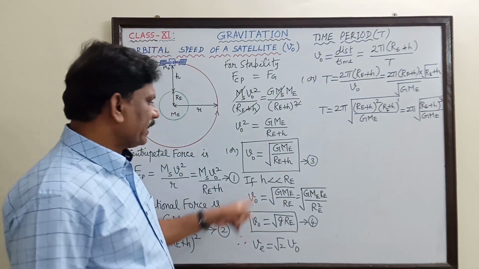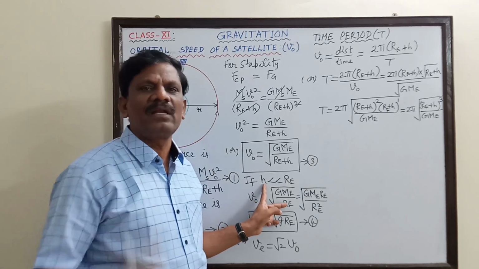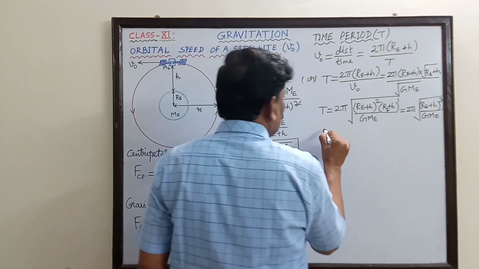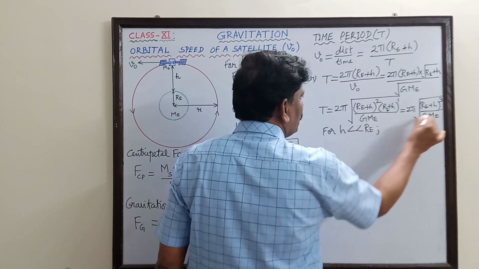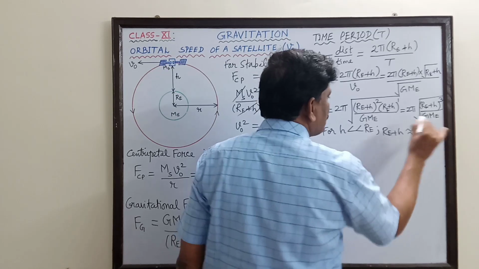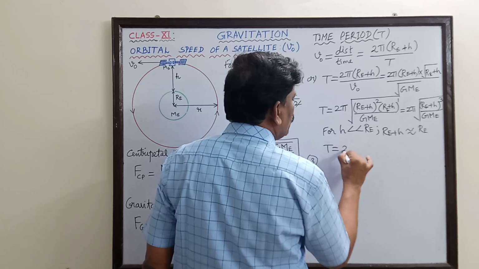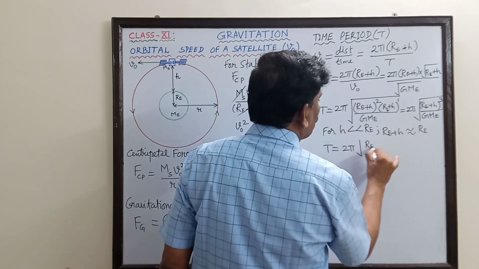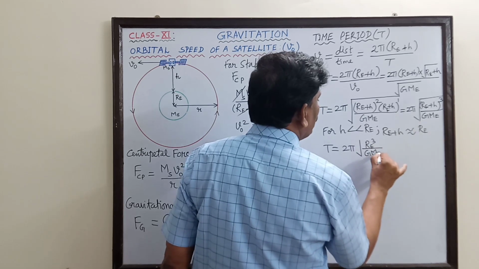Understand? Once again, if you assume for Earth satellites which are revolving around the Earth at shorter heights, we can write H is very much less than Re. So for H very much less than Re, Re plus H is nearly equal to Re itself. So I can write now T is equal to 2 pi into square root of Re cube divided by GME.